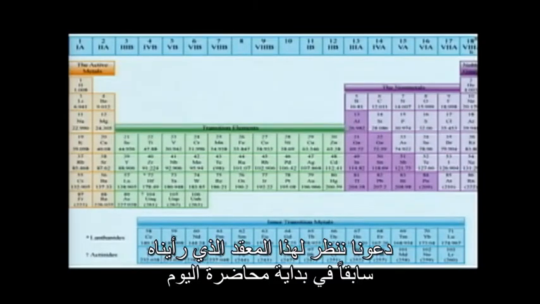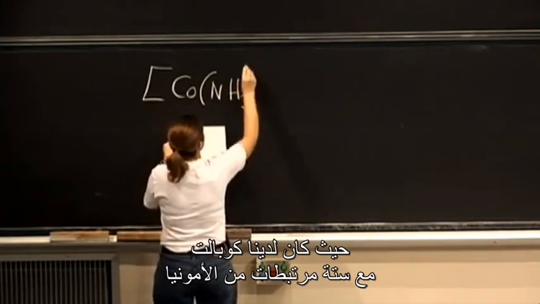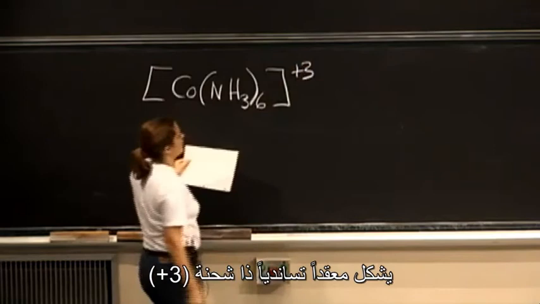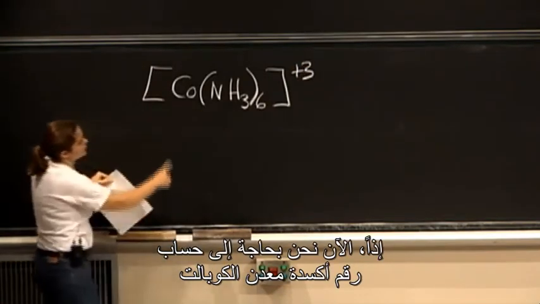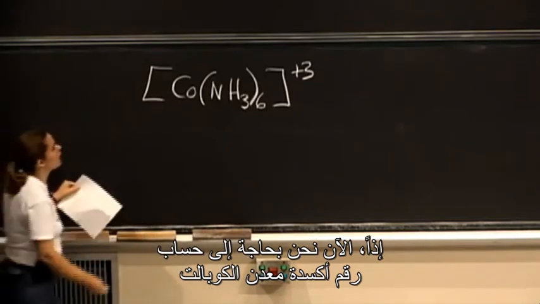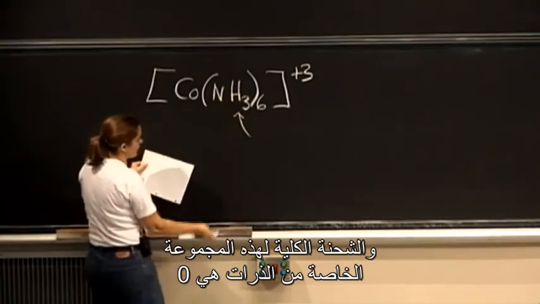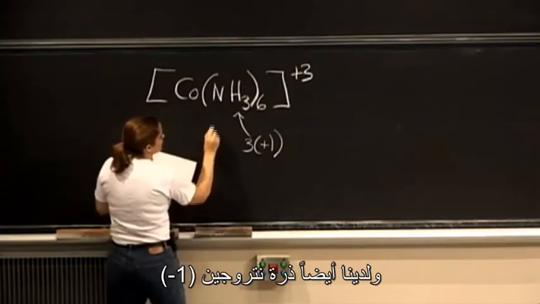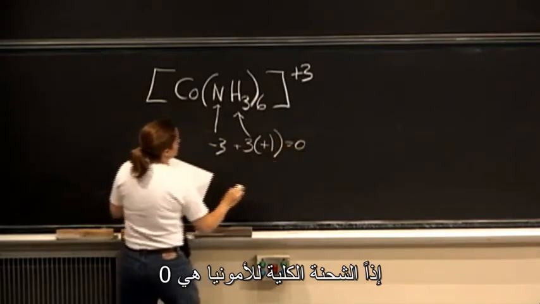Let's look at the complex that we saw at the beginning of today's lecture, where we had cobalt with 6 NH3 ligands in a coordination complex that had a charge of +3. Here we need to figure out the oxidation number of the cobalt. For this particular group, the overall charge of NH3 is 0. We have 3 hydrogens at +1 and a nitrogen at -3. And so overall, that charge is 0.